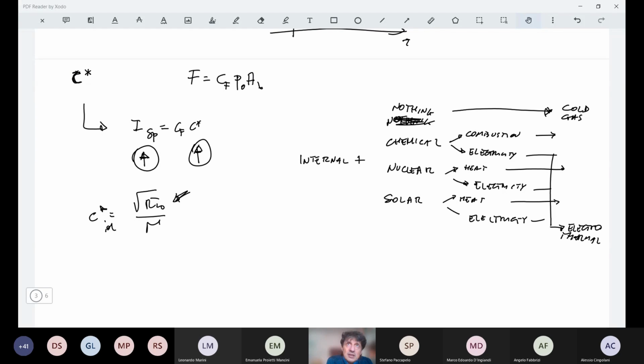That means that, compared to the case of solar thermal rocket or electrothermal rockets, where you use the energy to get heat, and through this external energy you have to heat your propellant. In case of chemical reactions, and in principle also in case of nuclear reactions, you can release this energy within the propellant itself. It's something which is inside the propellant, you just have to make it available for heating.